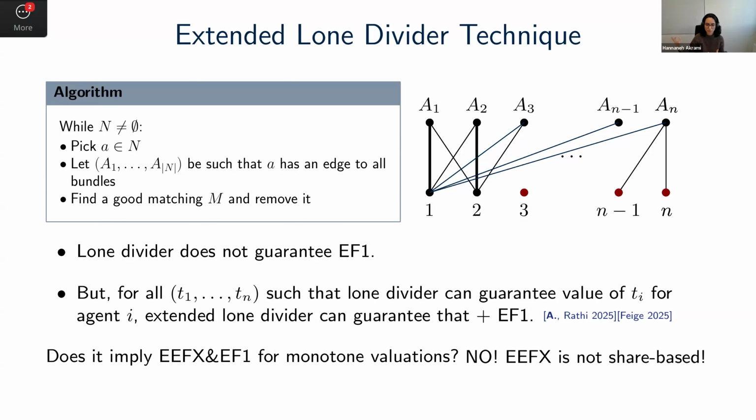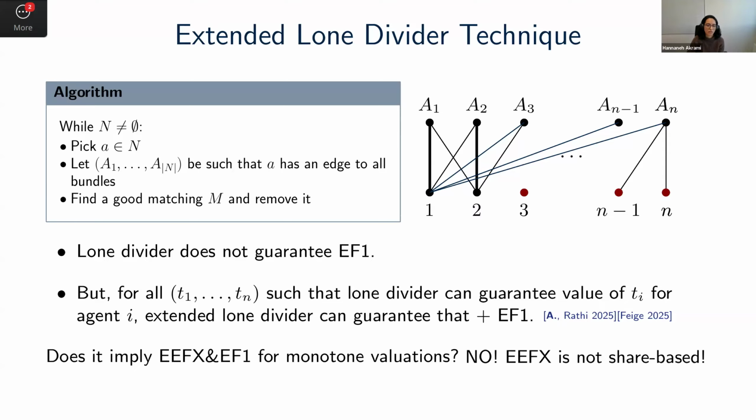My utility for that bundle is higher, but the second bundle is not epistemic EFX feasible for me. So here is the catch: we cannot use the extended lone divider technique just blindly, because all that it gives us is the utility that we could guarantee initially with the lone divider technique, and the extension then also giving us EF1.